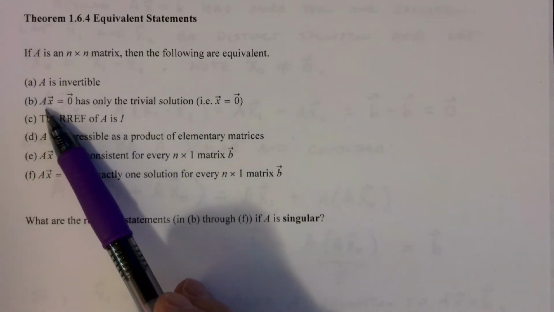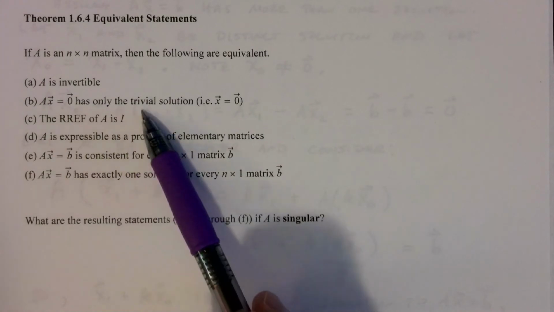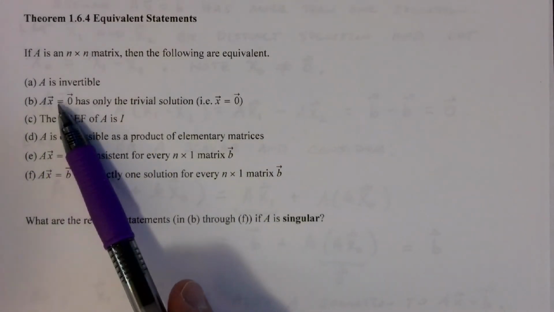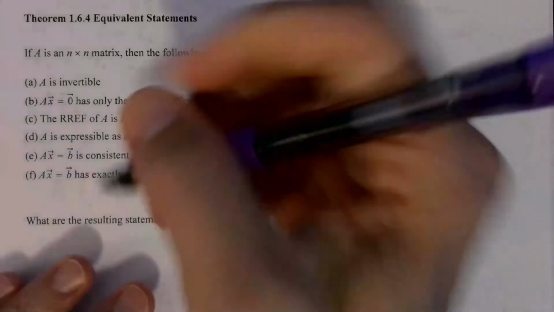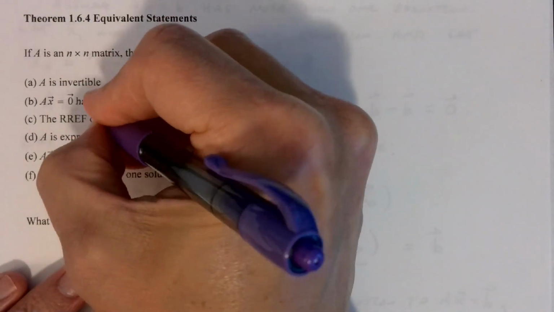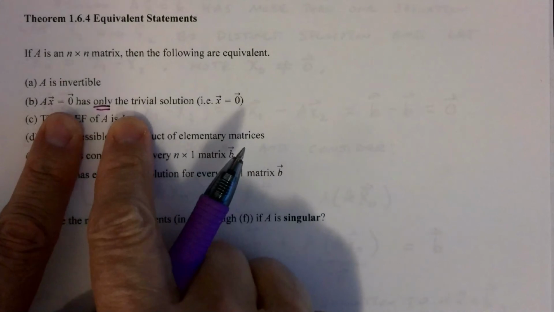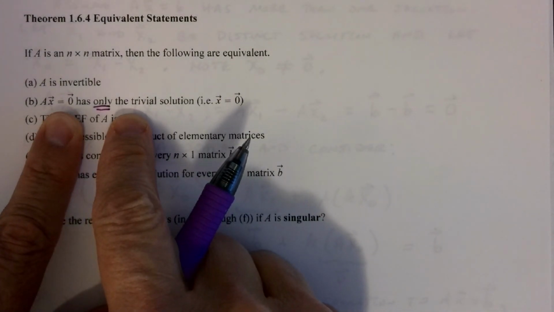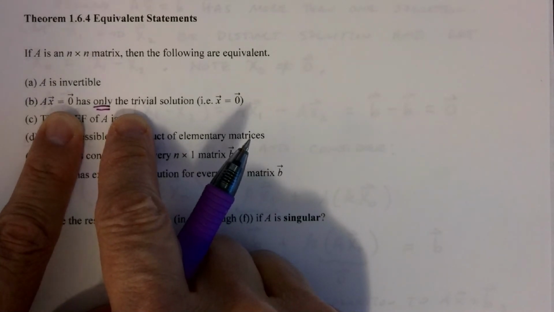You can't say that Ax = 0 does not have the trivial solution to make that false, because Ax = 0 always has the trivial solution. The key word here is only. So to make this statement false, what would we say? We would say Ax = 0 has infinitely many solutions, including the trivial solution.